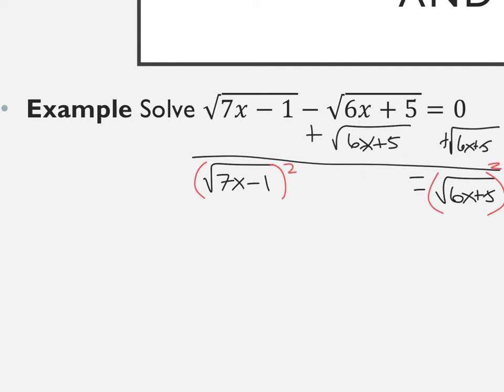And when we square both sides, the squared undoes the radical. So 7x minus 1 equals 6x plus 5. Now what side would you like your x's on? Well, I'd probably choose whatever side is going to give me a positive number. So in this case, I'm going to subtract 6x.